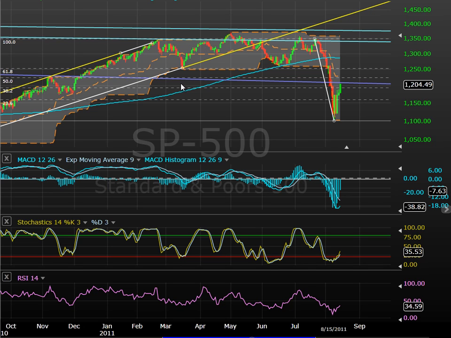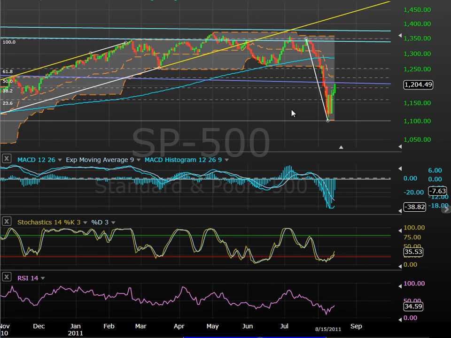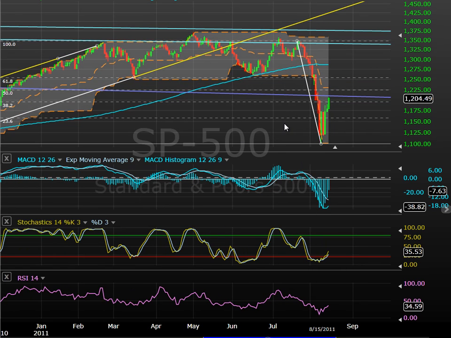Again, this is just different methods of scaling in long-term trend lines. And so we came up in there, and of course we got rejected out of that resistance zone, came up again. This is really what the end, or the fifth wave of C was. And since then, it looks like we are now in a new bear market, or a new phase of the long-term bear market.